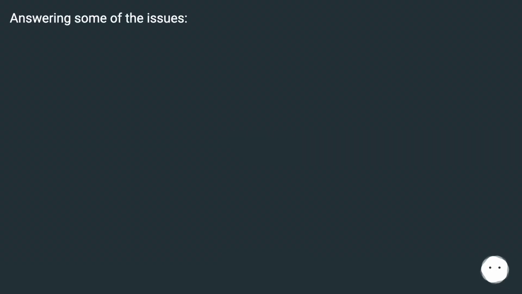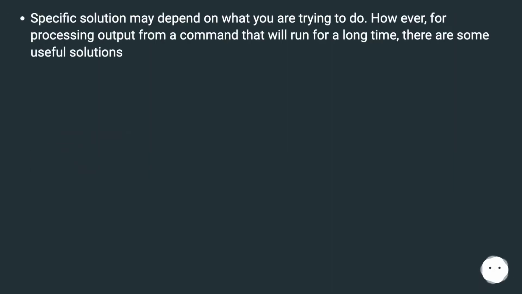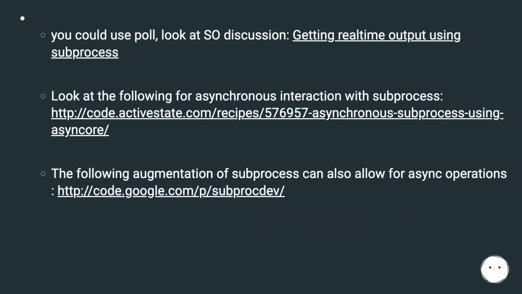Answering some of the issues. If you want to deal with standard output and input from the command that is run as part of subprocess, you have to use shell equals true. The specific solution may depend on what you are trying to do. However, for processing output from a command that will run for a long time, there are some useful solutions. You could use poll; look at the Stack Overflow discussion on getting real-time output using subprocess.